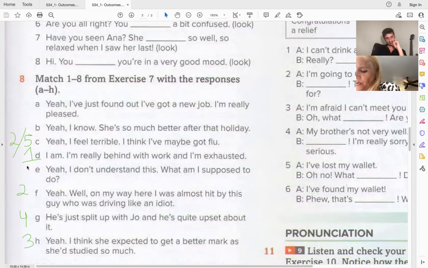What am I supposed to do? Have you seen Anna? She looks so well, so relaxed when I saw her last. Yeah, I know. She's so much better after that holiday.